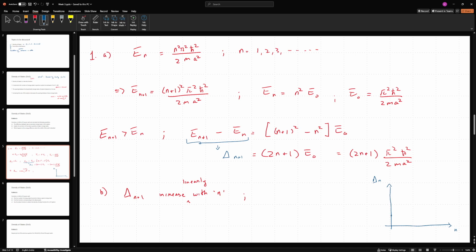So it will start over here and rise as a straight line. And this point is going to be E naught. So this is what I mean by linear increase.